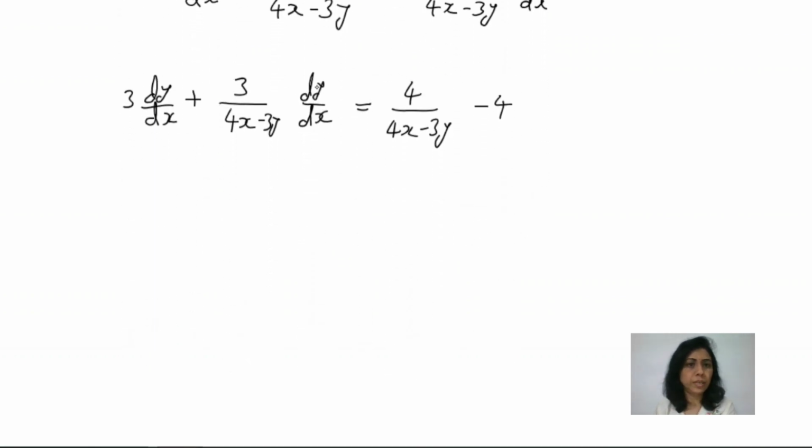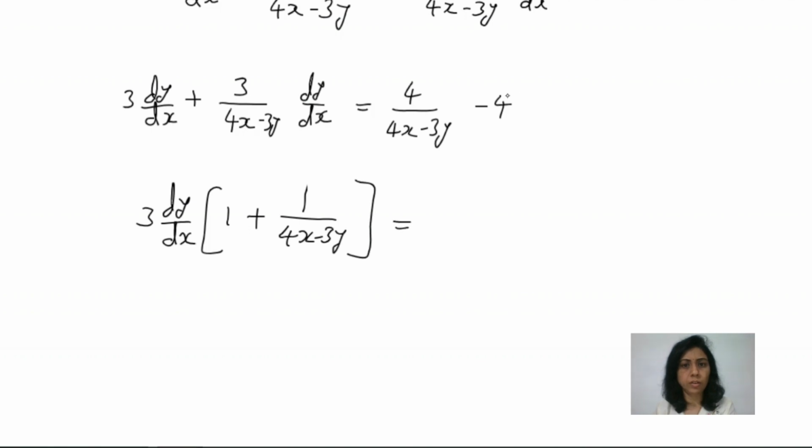From here we can take common 3 dy upon dx, so we get 1 plus 1 upon 4x minus 3y, and here we can take common 4, so this is 1 upon 4x minus 3y minus 1.